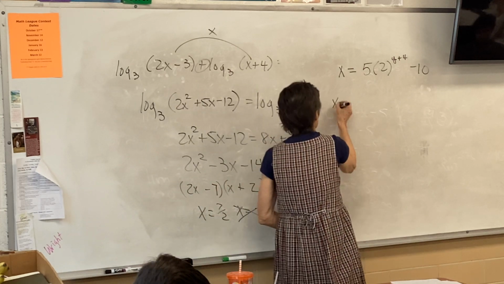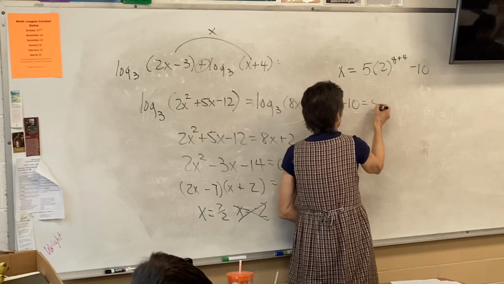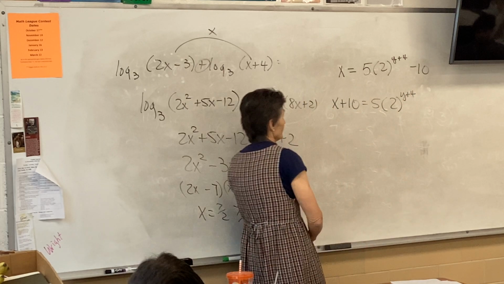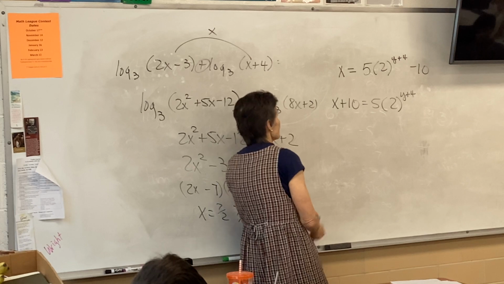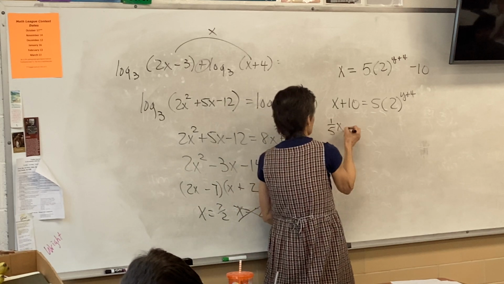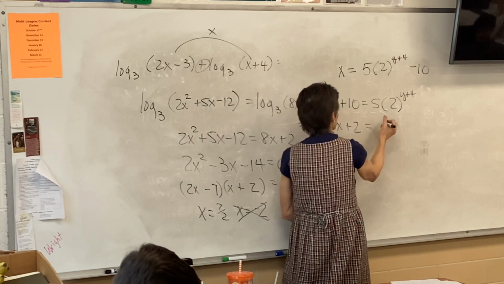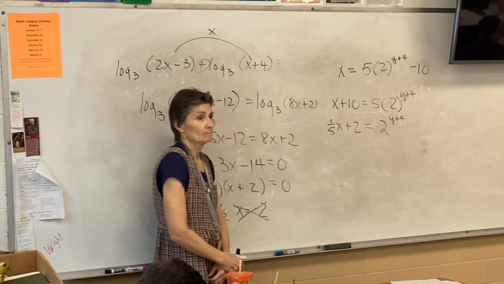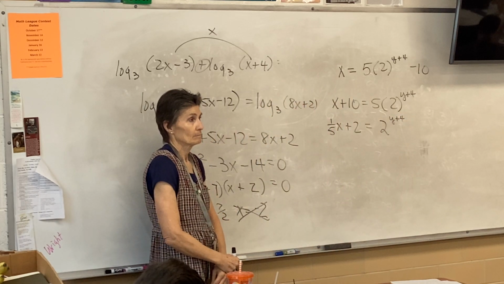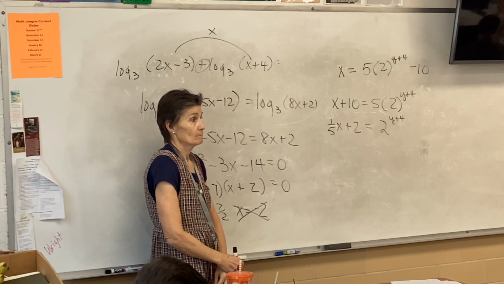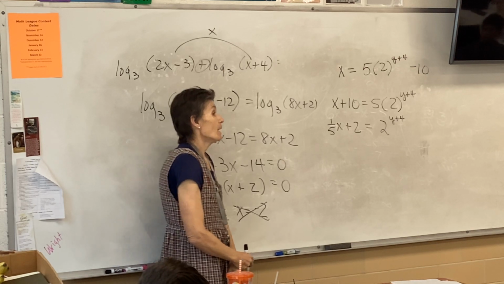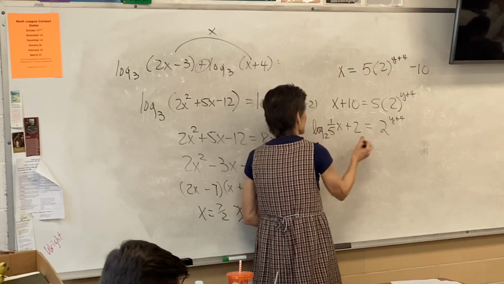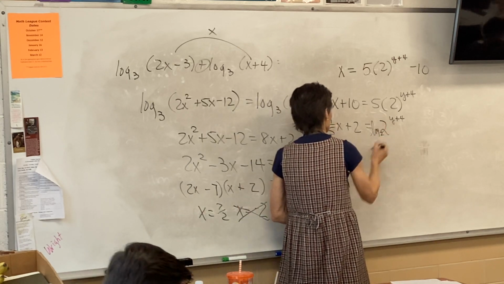Add 10. Good. Divide by 5, either as a unit or individually. And because that's a 2 there, I'm going to use a base 2 logarithm.